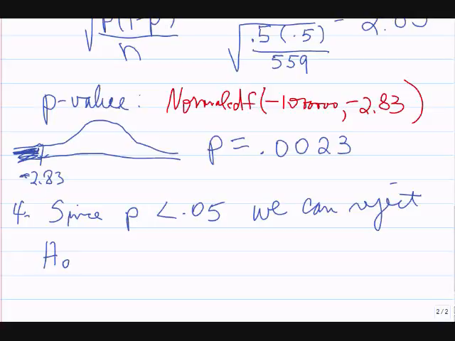So since P is less than 0.05, we reject our null hypothesis. We can conclude, oops, let's write this right.